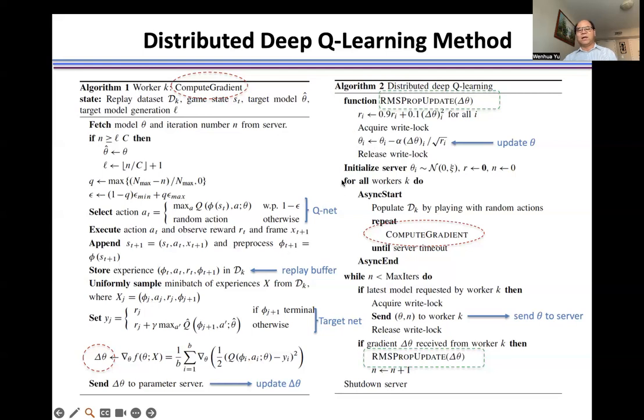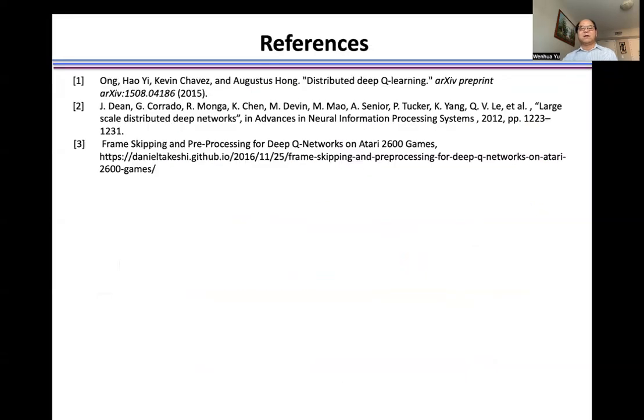In this way, we finally get the convergent result and speed up the network training by using multiple model servers. For more details, please check this reference. Thank you.